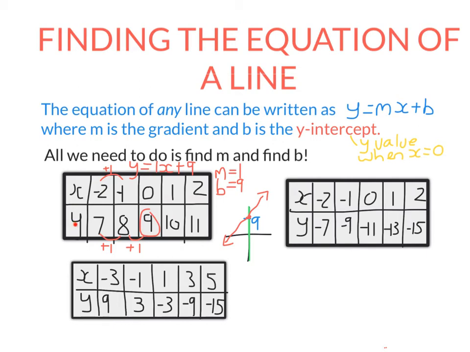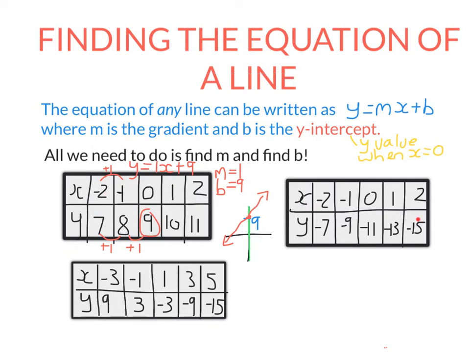This tells you how you get the y value in this table if you know the x value. It's saying to get the y value, you just take the x value and add 9. So minus 2 plus 9 is 7. Minus 1 plus 9 is 8. 0 plus 9 is 9, and so on. It's a rule telling you how to get the y value if you know the x value.